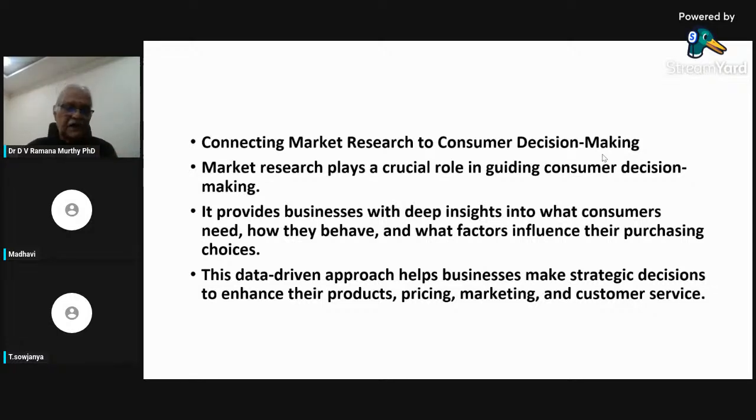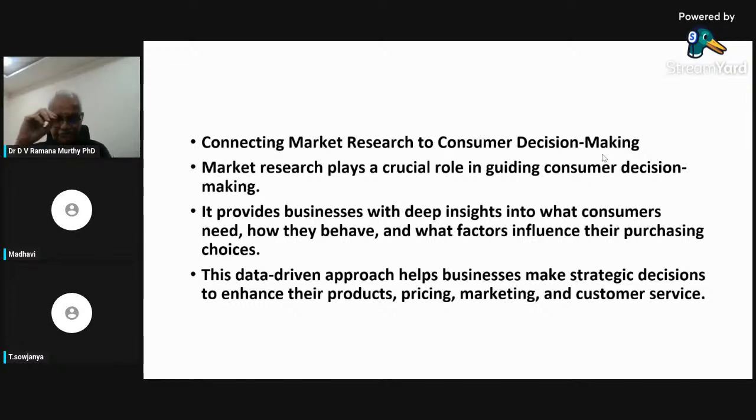Now, connecting market research to consumer decision making, this is an important aspect. Yes, we understand market research plays a crucial role, but understanding the insights that you get must be very, very important for you, right? So how do these things guide consumer decision making?